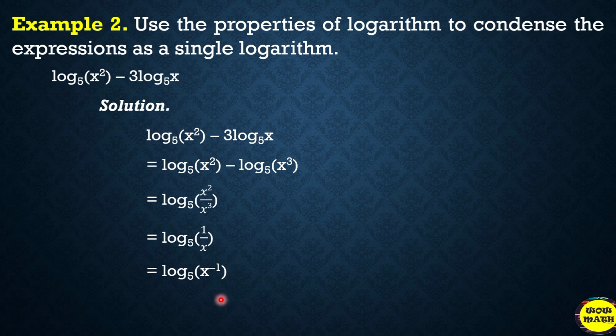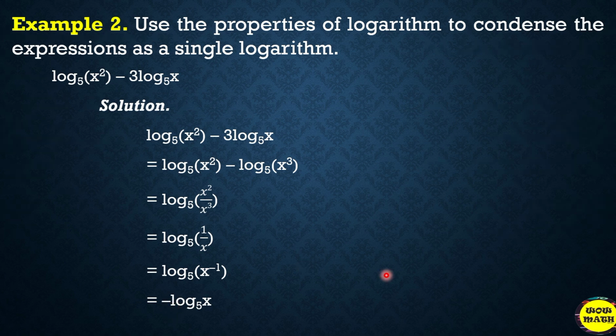So therefore, the final answer is, kasi may exponent tayong negative 1 dito, ilagay natin dun sa unahan. That will be negative times logarithm, that is negative logarithm of x with base 5. So no need to write 1 here, no? Understandable na, may 1 yan dyan.